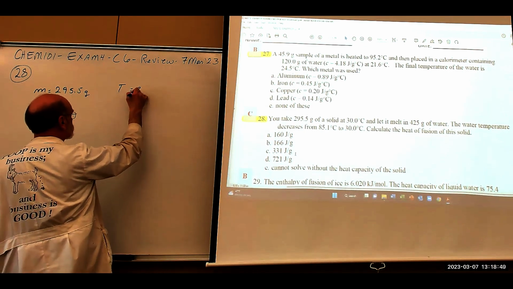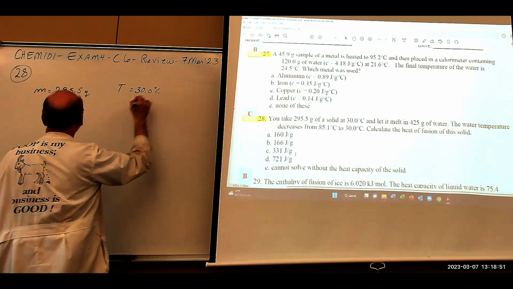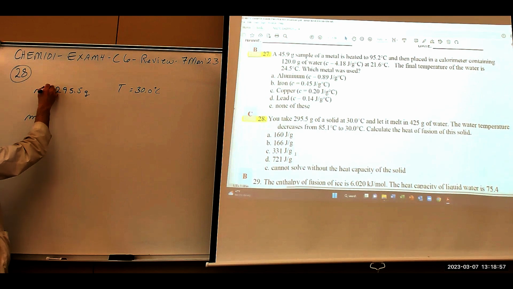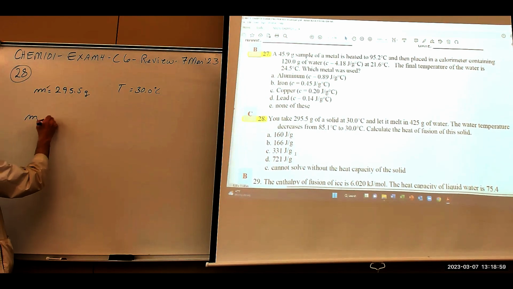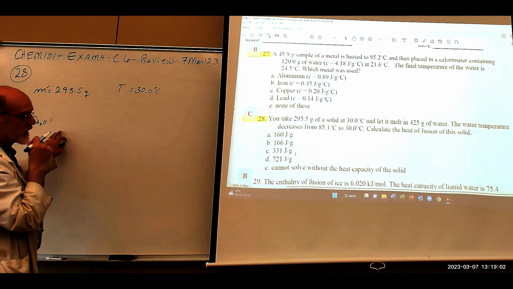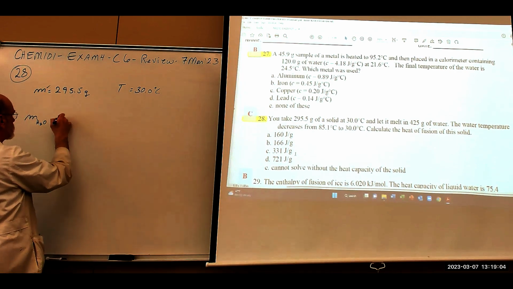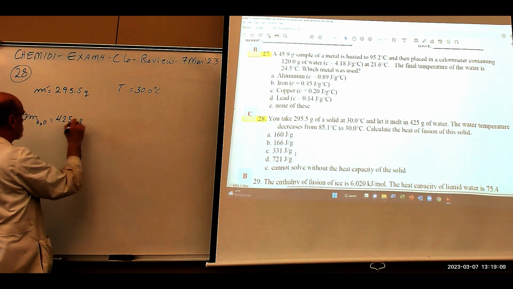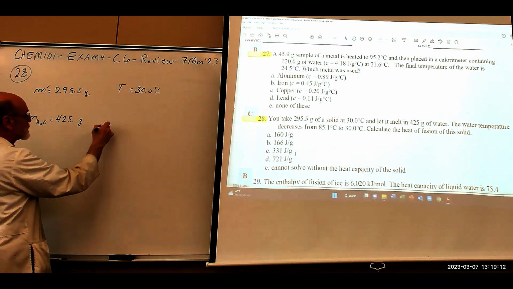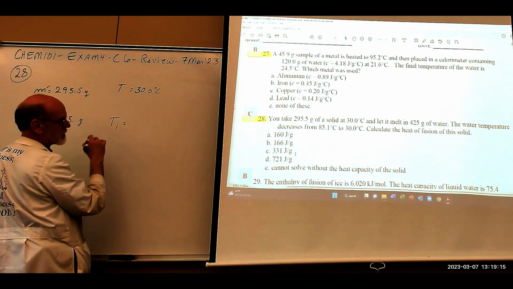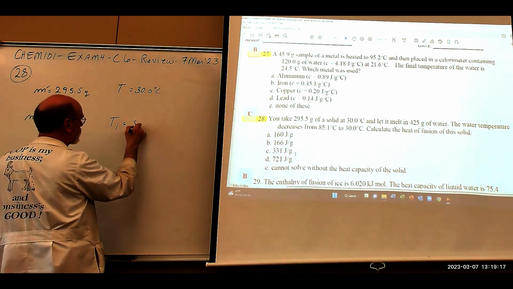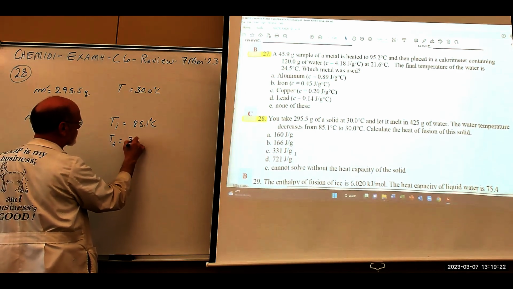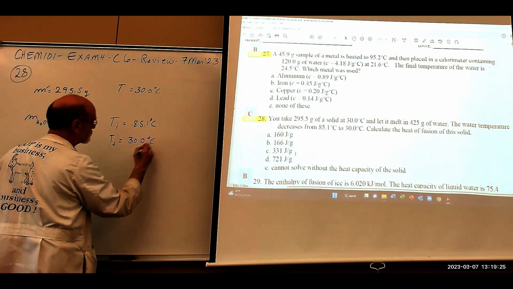But the water, the mass of the water is 425 grams. Okay, now the water does change temperature. Its initial temperature is 85.1. And its final temperature is the same as the solid, which is now a liquid.